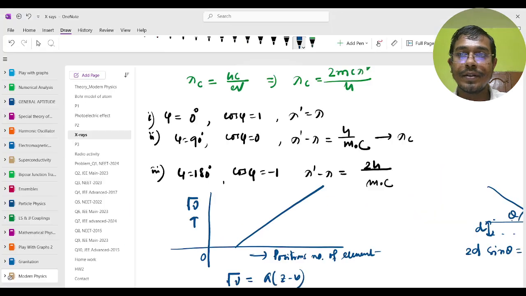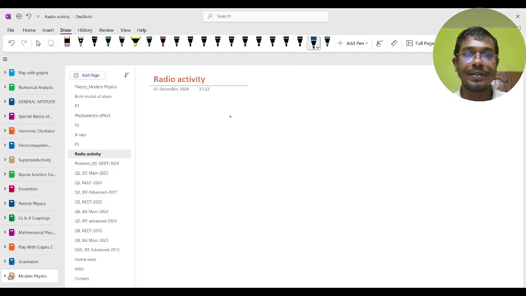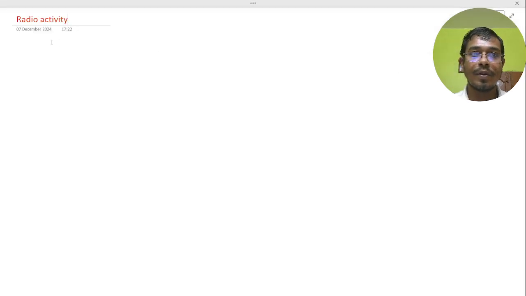So our next topic is basically radioactivity. We discuss the nucleus and nuclear phenomena. So X with A and Z, where Z is the atomic number, the number of protons, and A is the mass number of the nucleus.